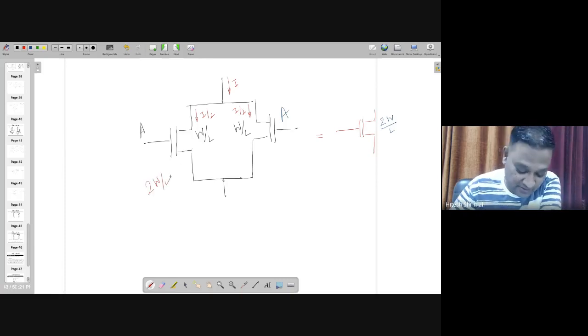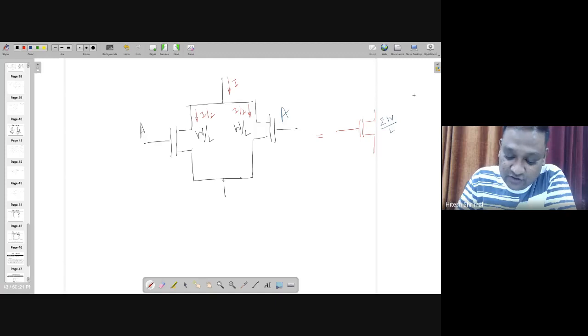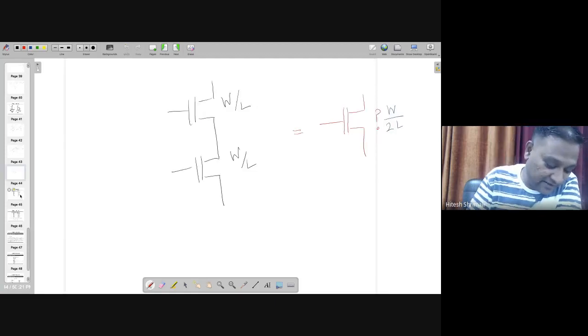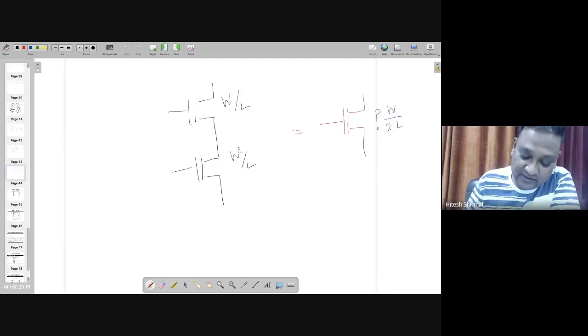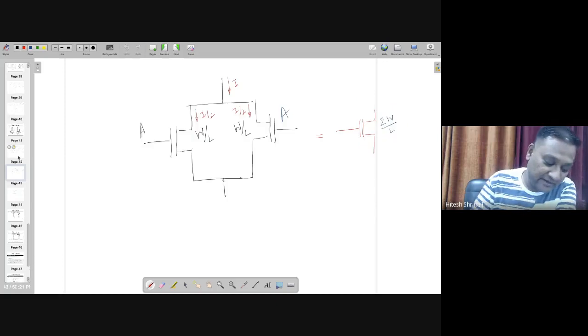Then this will become double. Similarly, for this one, as Srinivas has told, you can write down the current equation and keep these values. So in the series one, the channel length is getting doubled, and in this one, width is getting doubled.